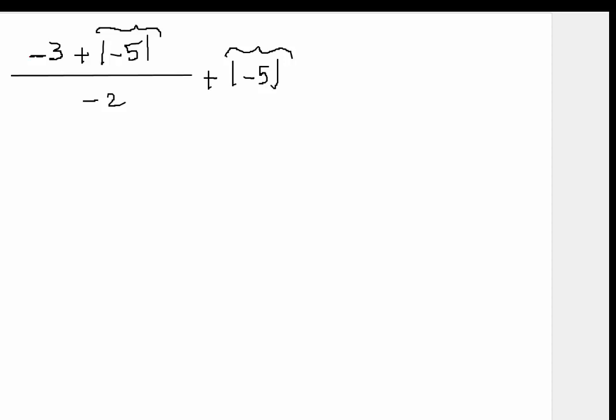All right, we talked about that earlier. So let's see. Lucia, what would the absolute value of -5 be equal to? +5, exactly. So I'm going to replace these two values, absolute value of -5, with +5.